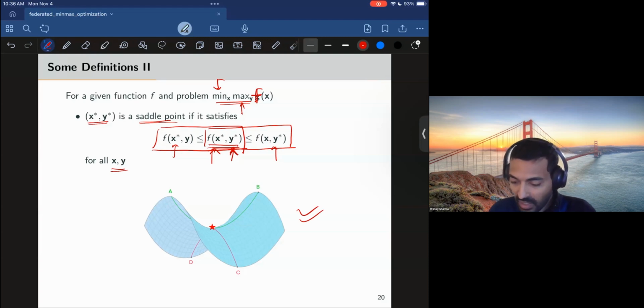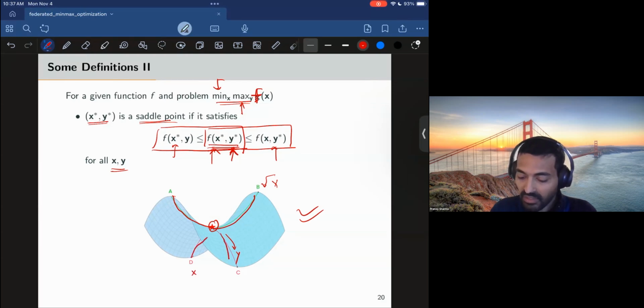Let's suppose this is the x direction and this is the y direction. Along this AB curve, y is fixed and the function is minimized. On the other hand, along this CD curve, x is fixed, and therefore the function is maximized at the saddle point. Okay.